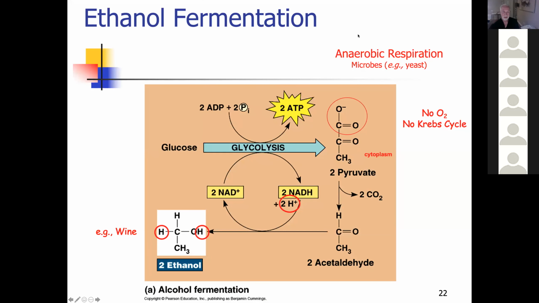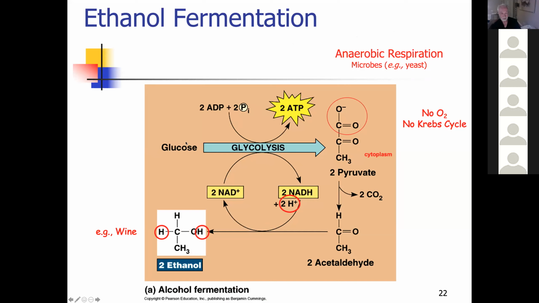So that leads me to a discussion of fermentation. One type of fermentation results in ethanol. And this happens, so the products of fermentation depend on who's doing it. If it's yeast, you get ethanol.